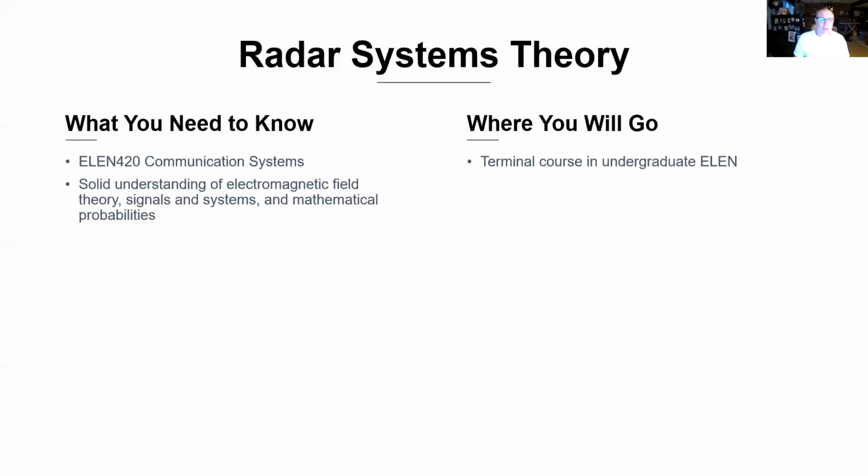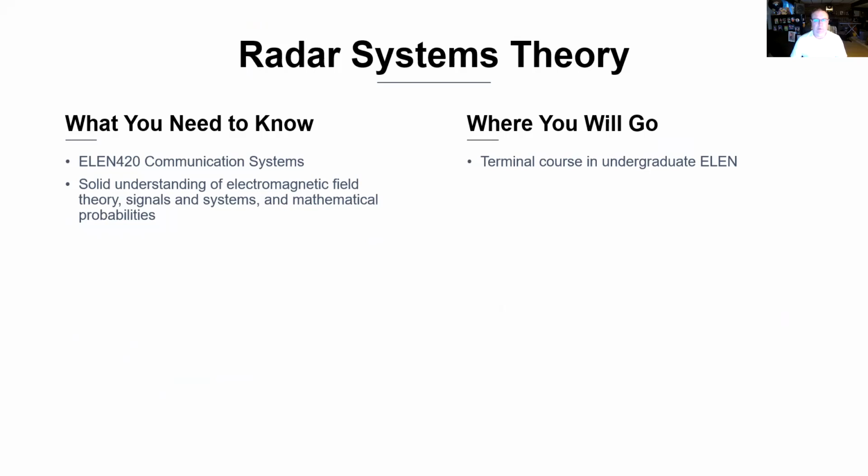Okay, so what you need to know, like I mentioned, ELEN420 communication systems is prerequisite. So radar is a system that takes in very many different fields to form the system and do all the functions that the system performs.